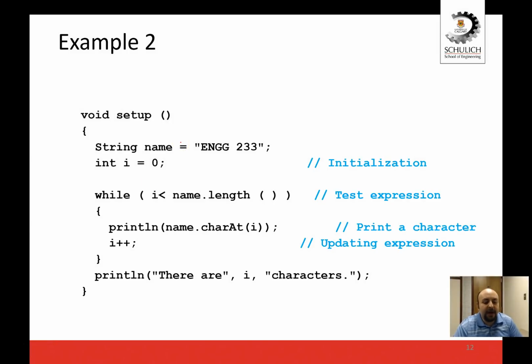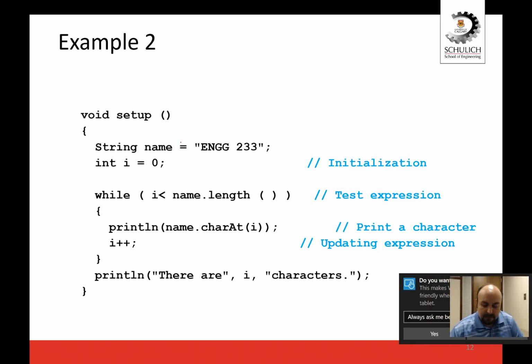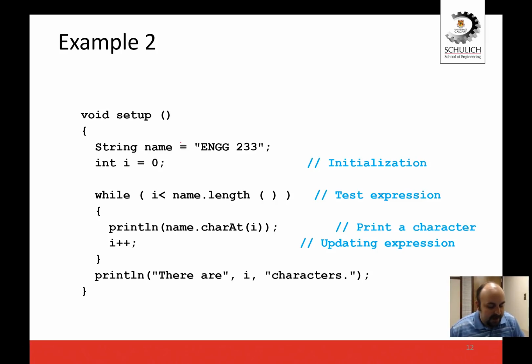Okay, so here we have a string instead of an integer. So if we have a string in memory, we have ENGG 233.